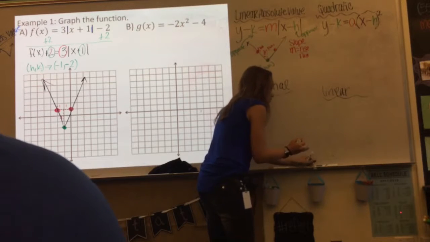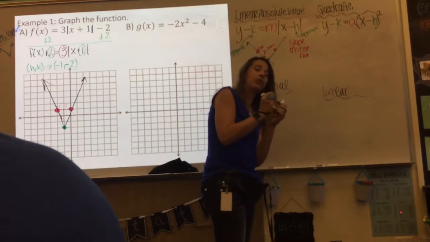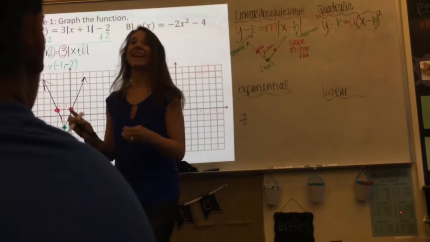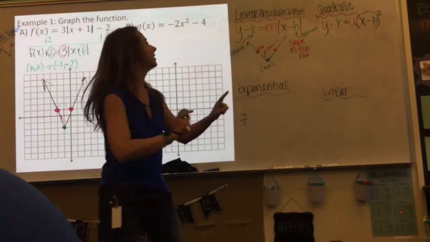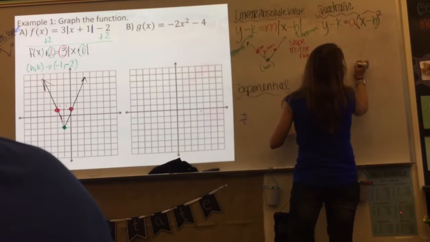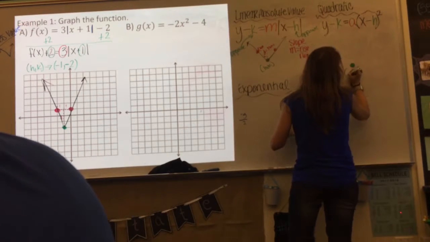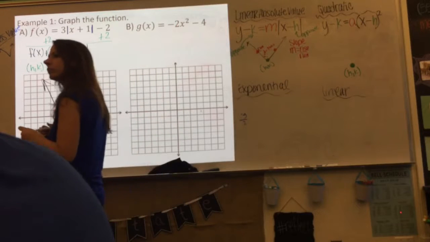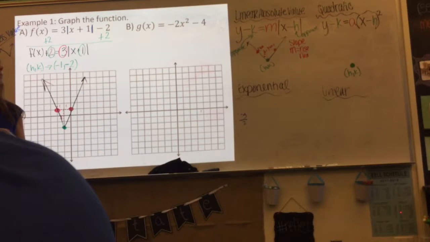So, what do you think the starting point is for a quadratic? HK, because it's the same for all of them. So the HK is our starting point. For a quadratic, what part of our shape has the starting point? The curved part.